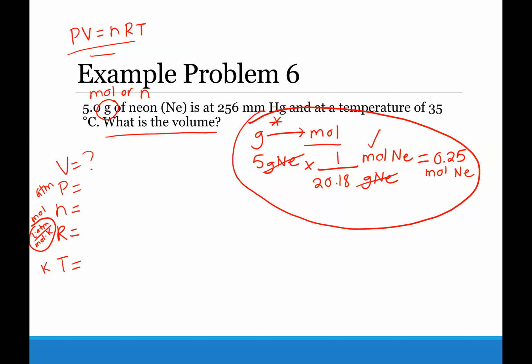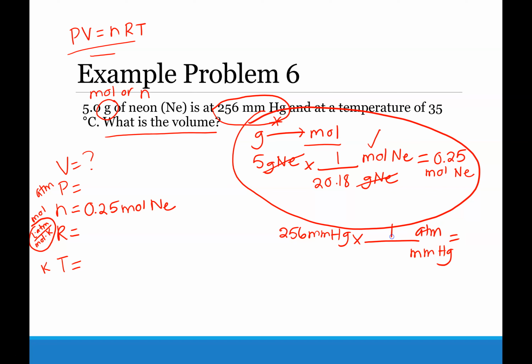So our N is now 0.25 moles of neon. So that's in its correct units. 256 millimeters of mercury. We need to convert to ATM. We know this is a one-step conversion from our previous problems.